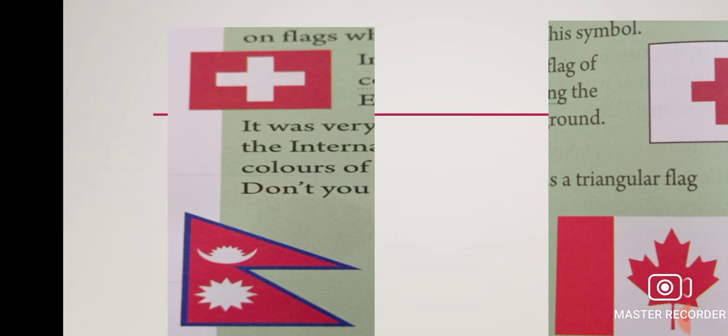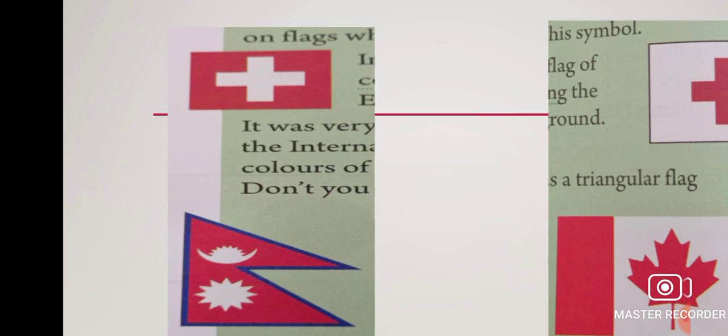It was very interesting when Mummy pointed out that the flag of the International Red Cross was actually created by reversing the colors of the Swiss flag. It has a red cross on a white background. Don't you think this would be confusing at times?